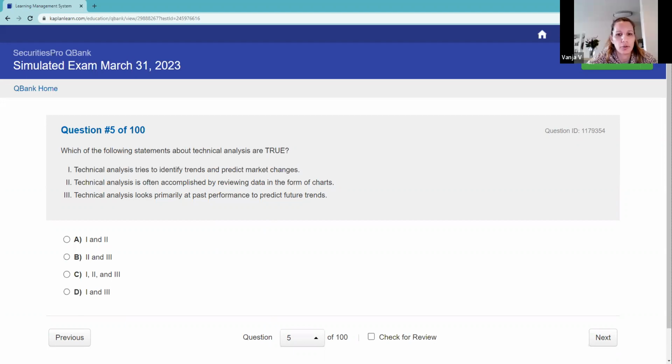So I definitely know that it looks at charts. So 2, well, the only one that doesn't have that is D. So D's out of the question. Trends and predict market changes. Yep, it does that as well. So 1 and 2 for sure. So then B is out. So it's A or C. Primarily at past performance to predict future trends.